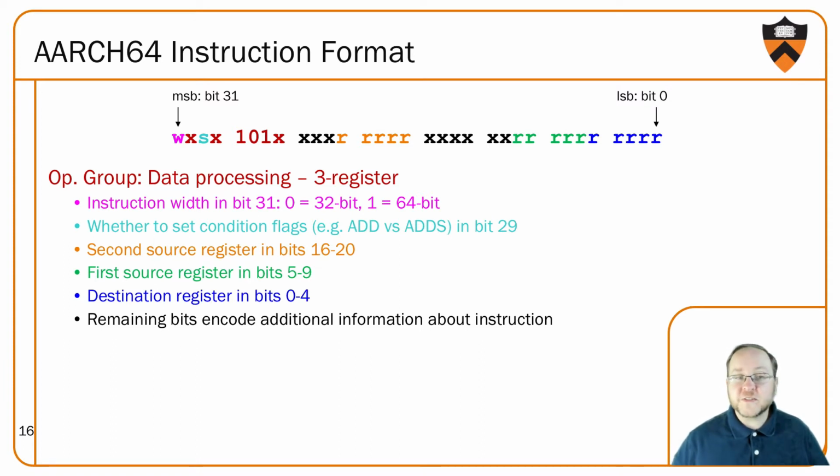We also need to specify whether these registers are W or X registers, so that's the most significant bit, bit 31 here. And we can also specify whether the instruction should modify P states N, Z, C, and V condition flags. That's bit 29.